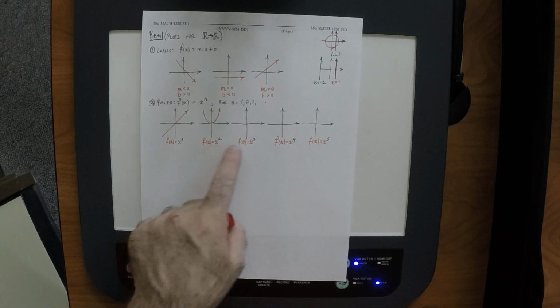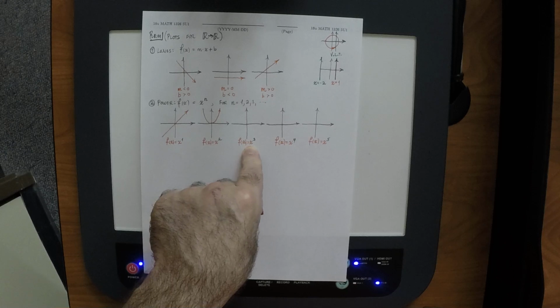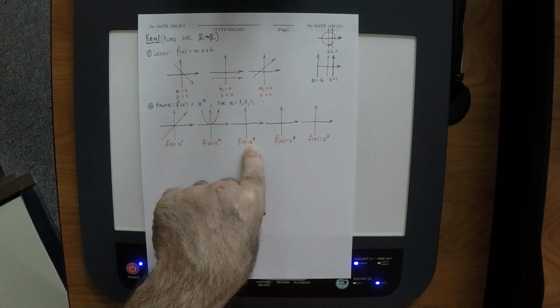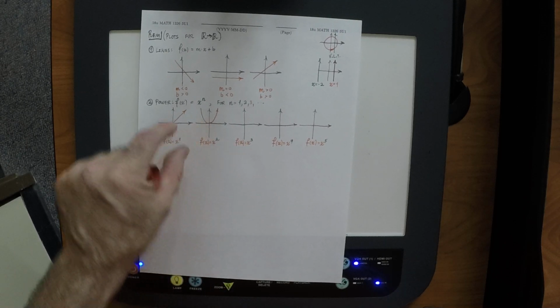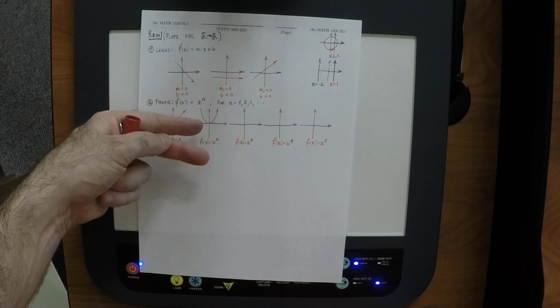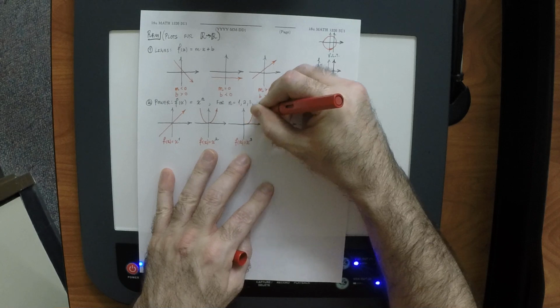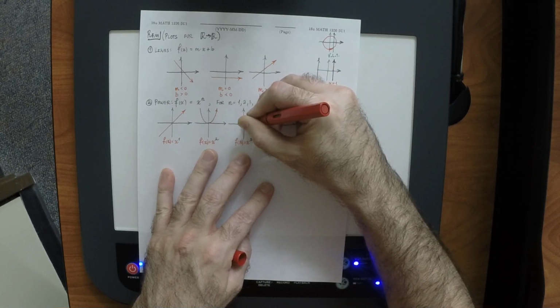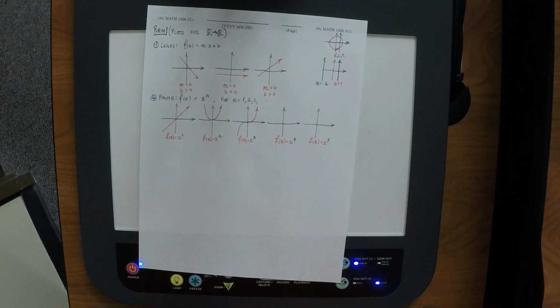So the cubic: if you cube something positive, the result is still positive. But what if you cube something negative? It's going to be negative. So the cubic is going to be like this one, except this left arm is going to be down. So it'll look kind of like this. The left arm is down in the end because when you cube something negative, the result is still negative.